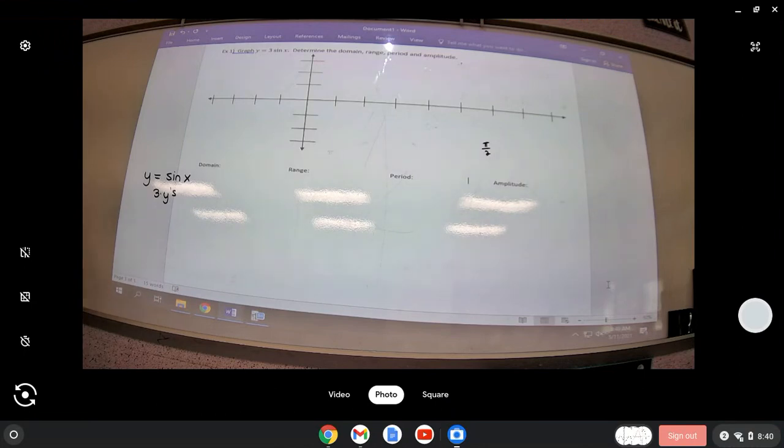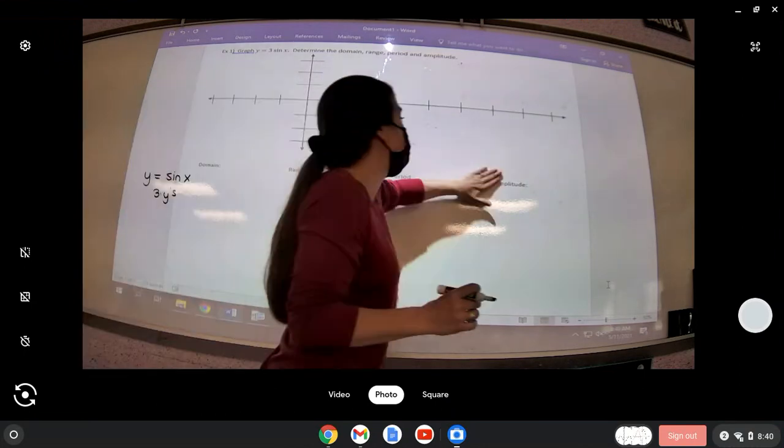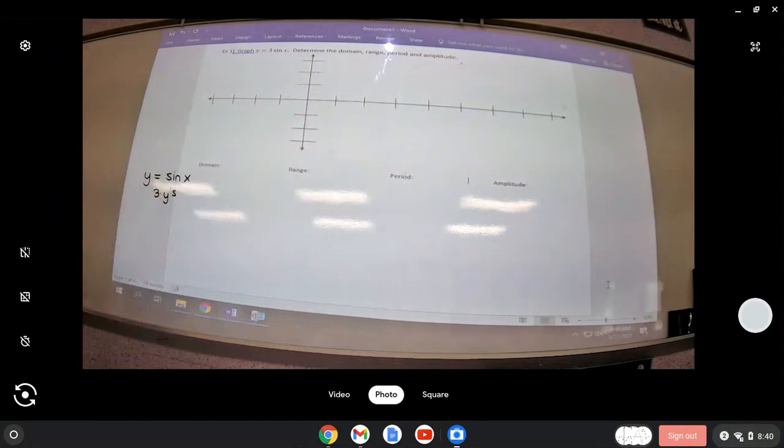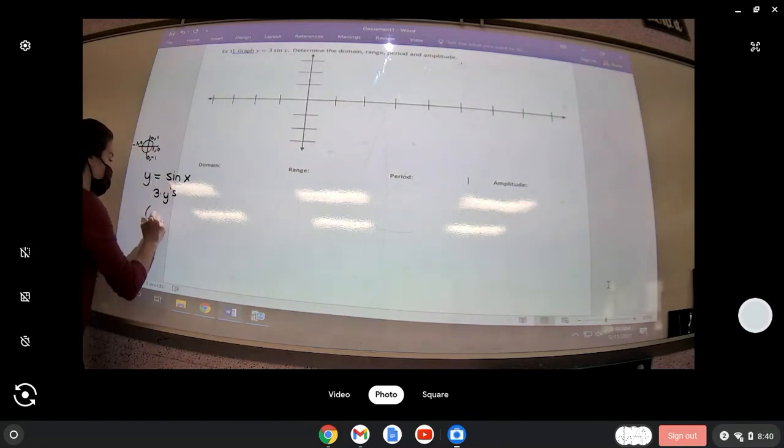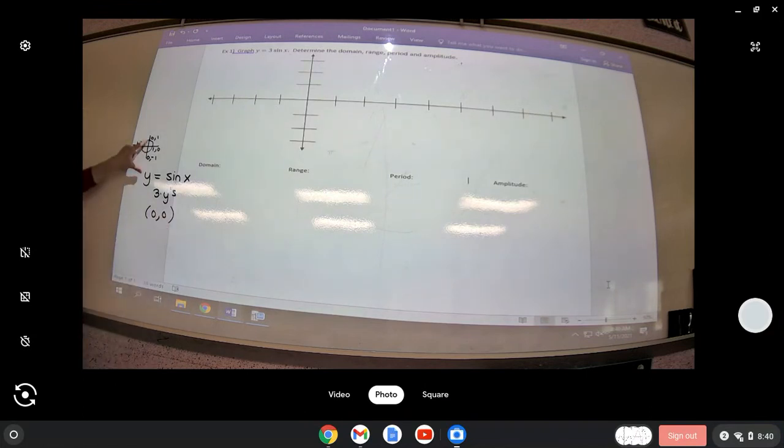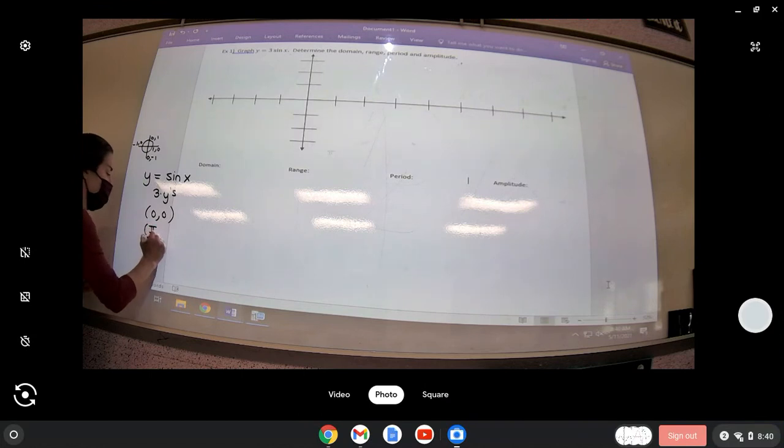So they want us to do 3 times all the y coordinates. In order to do that, let's get the 5 key points that we graphed the original sine function with. Use your unit circle if it helps. At 0 radians, the sine was 0, so that's (0, 0). At pi over 2, the sine was 1, so that's (pi over 2, 1). These are the 5 original key points on the graph of sine x.